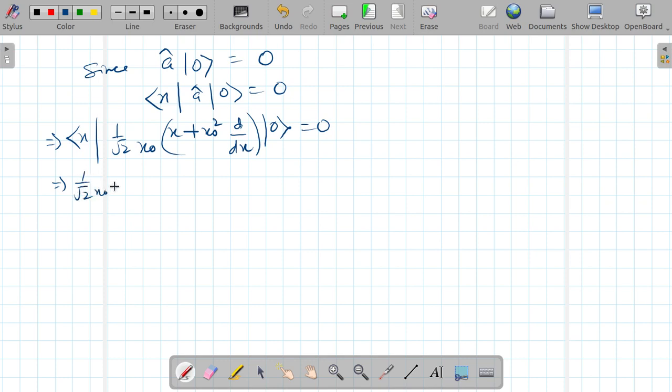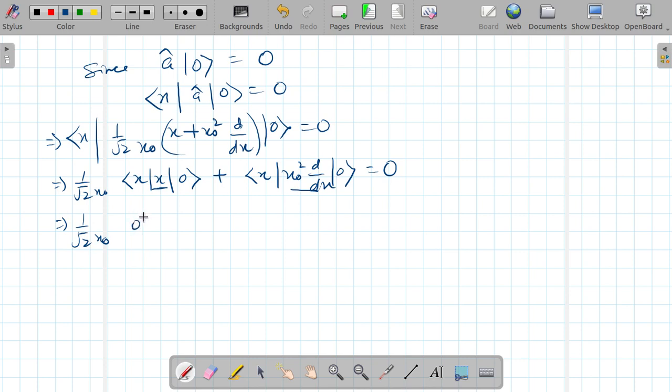Since 1 by root 2 x naught is also a number, it can be taken outside. Here this x is taken outside, and similarly I can take the derivative outside, and it will be equal to 0.